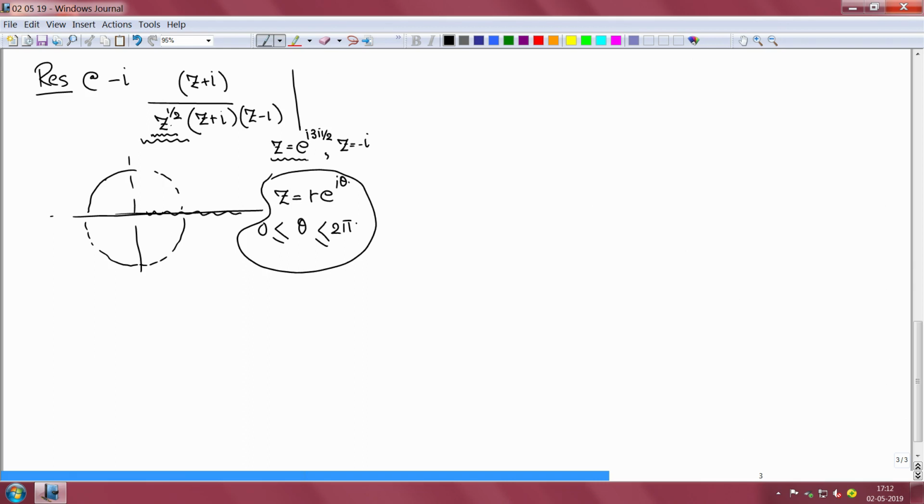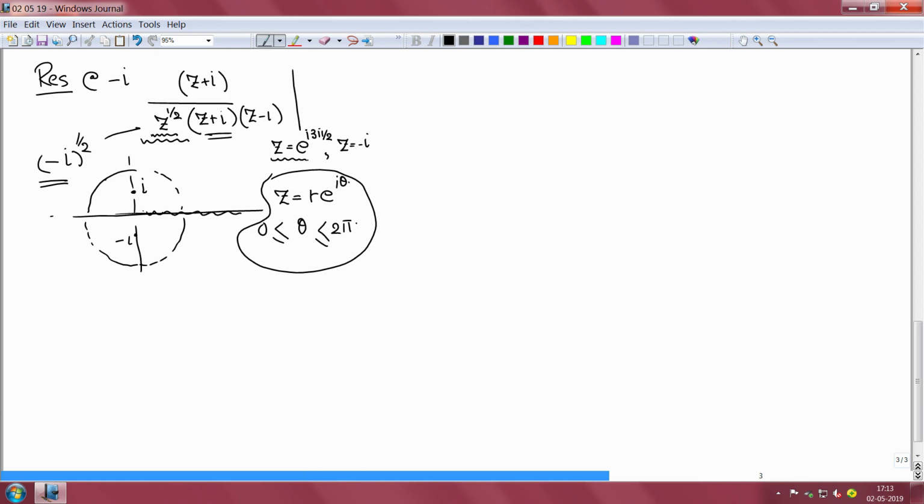I have poles at plus I and minus I. So if I use minus I for this, as I am doing for this part of the function, if I say minus I to the power half, then the square root has two values. I do not know which value to choose.